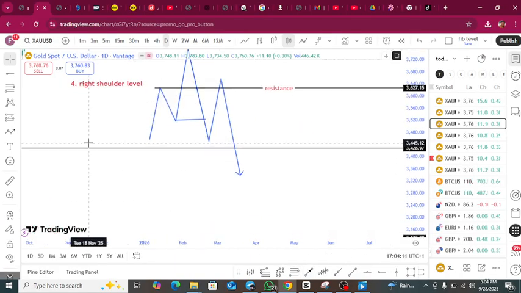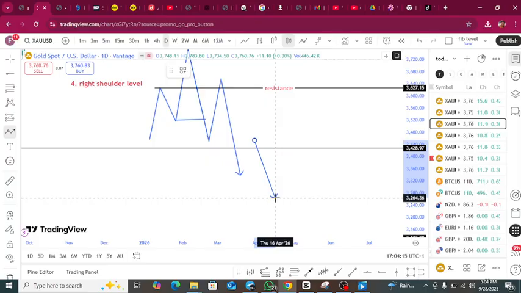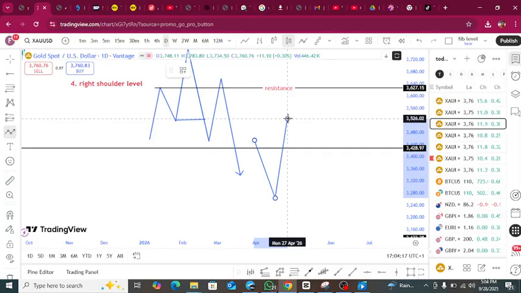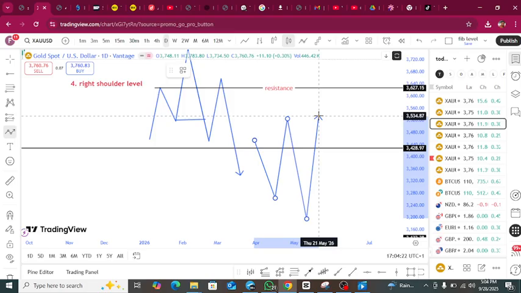So now let's say you wanted to buy and you have something like this. I hope I'm drawing it well. Okay, you have something like this, then price comes back here and does something like this.